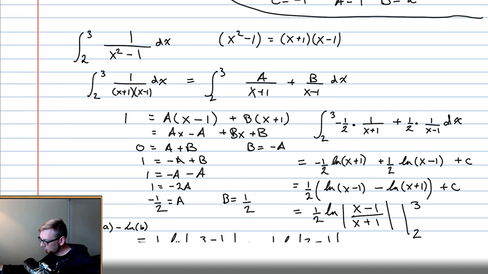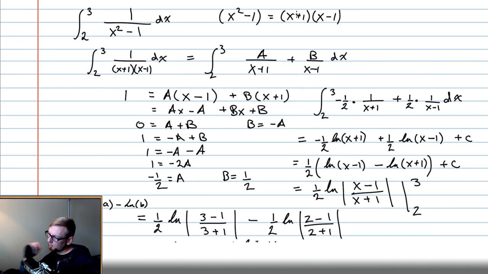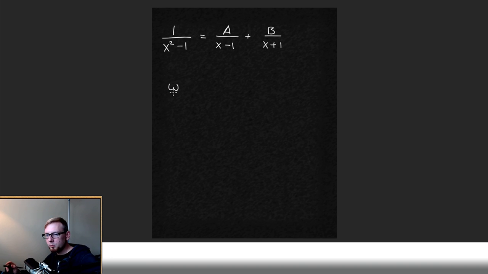We'll do 1 over x squared minus 1. If this equals a over x minus 1 plus b over x plus 1, maybe we should do it in the smaller one, because this is really easy to write in.